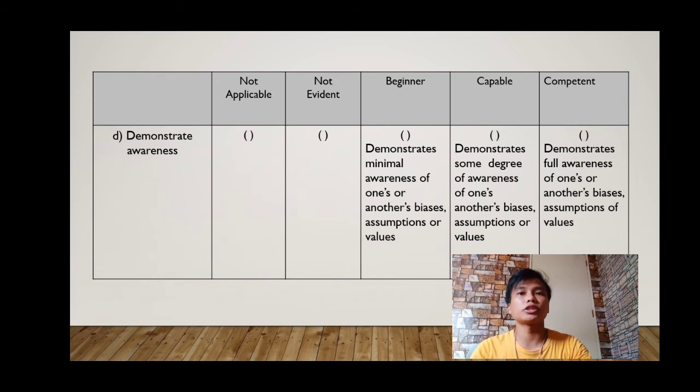So the next category is competent. In the competent category, the students can demonstrate full awareness of one's or another's biases, assumptions, or values. An example is the debate example I mentioned earlier. The students can demonstrate full awareness and analyze the statements said on the other side.